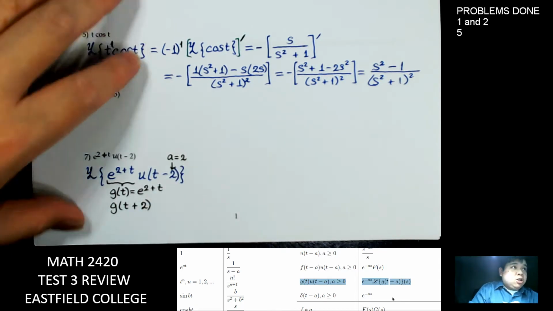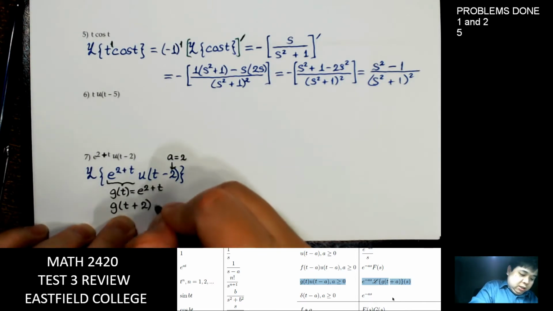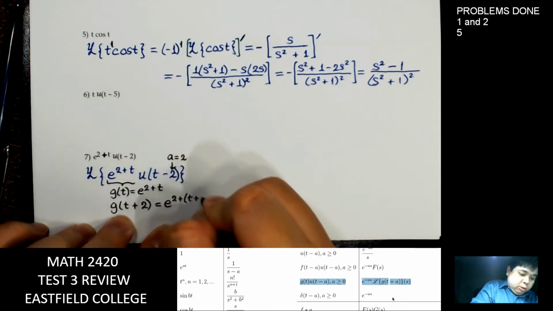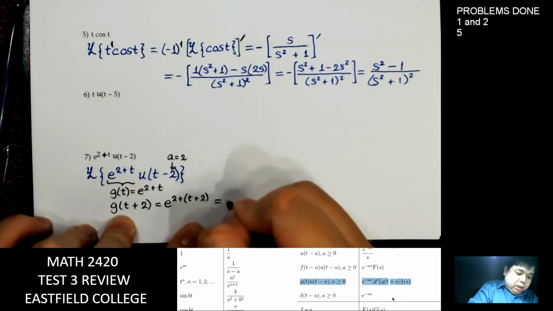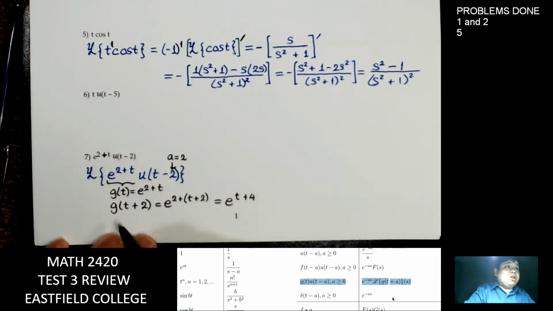So g of t plus 2 is, I'm going to put t plus 2 into t. So e to the 2 plus t plus 2, so e to the t plus 4. Right. So that is the function g of t plus 2.